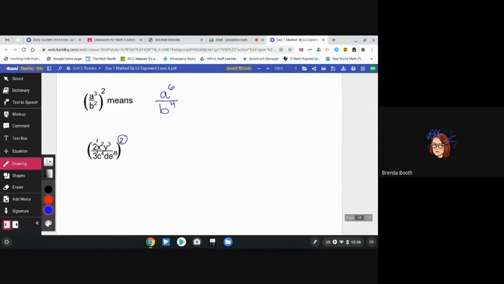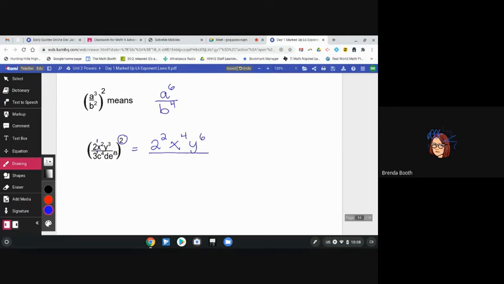So our rule here on power of a power is we're going to multiply exponents. So in the numerator, I'll have 2 to the power of 2, x to the power of 4, y to the power of 6. I want you guys to do the denominator.